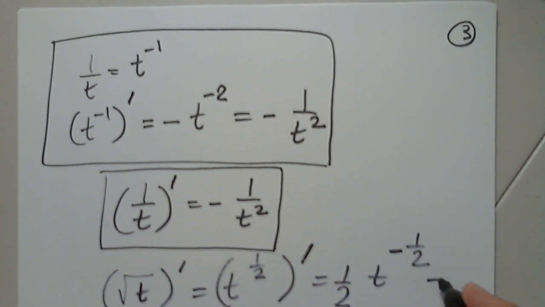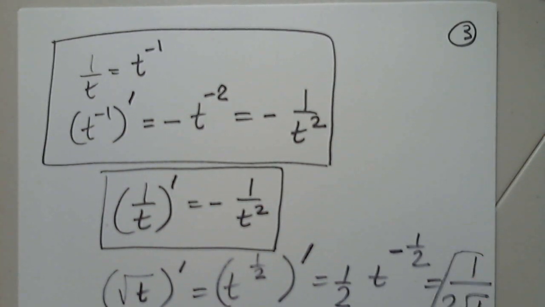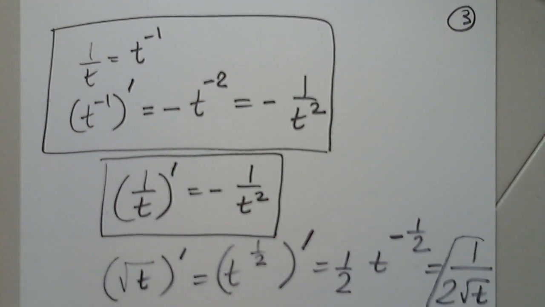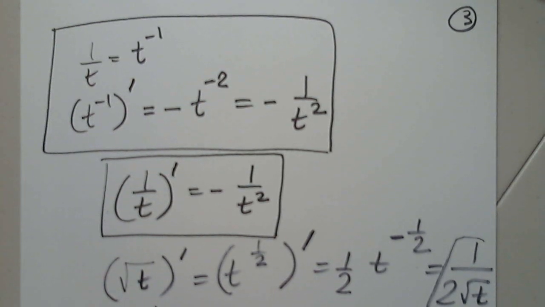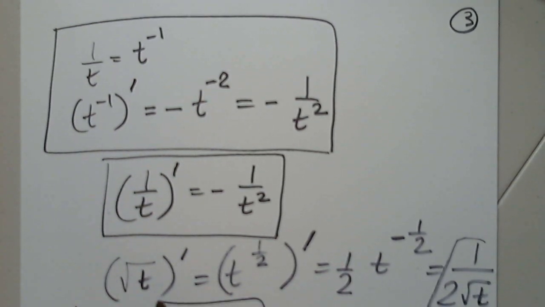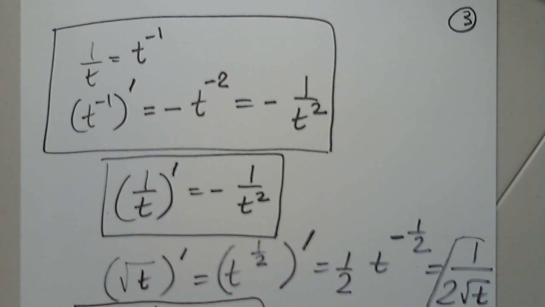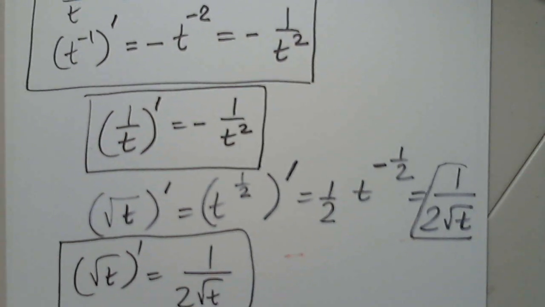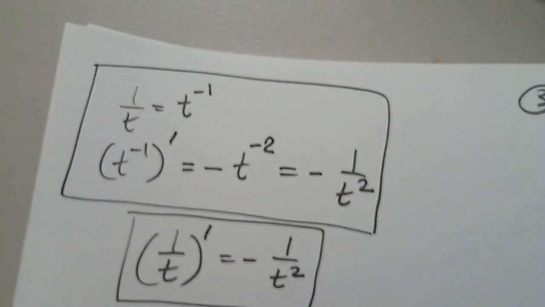We don't like to write it like this. We will write it like this. So moving forward, we have to remember this rule so we never have to look it up. The square root of t prime, or x, it doesn't matter, is 1 over 2 the square root of t. This is very important, because if we need to look up these very simple rules, then we are not going to be able to get where we are going.